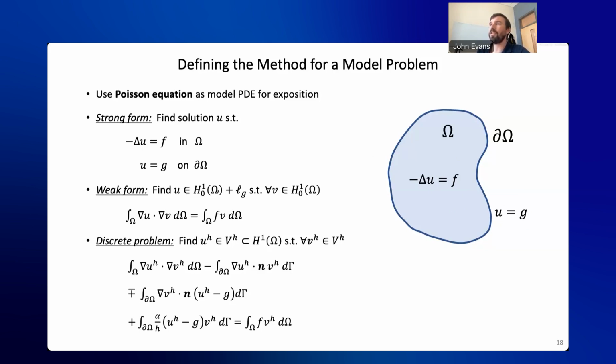We can write this as: find u in the space of functions H1 that are 0 along the boundary of the domain, plus a lifting of g inside the domain, such that for all weighting or test functions v in H1 naught, we must satisfy the integral over the domain of gradient of u dot gradient of v is equal to the integral over the domain of f times v. So that's basically the first couple of days of finite element analysis 101.